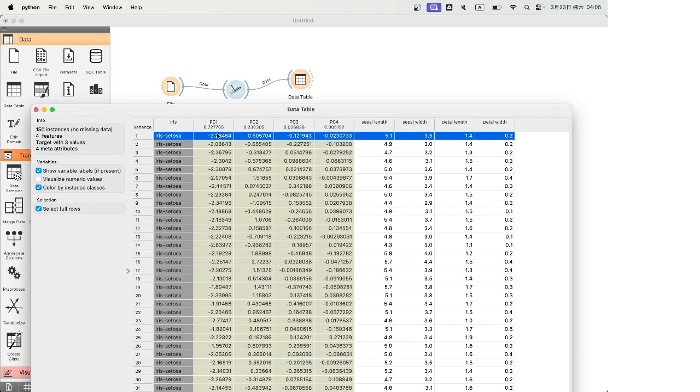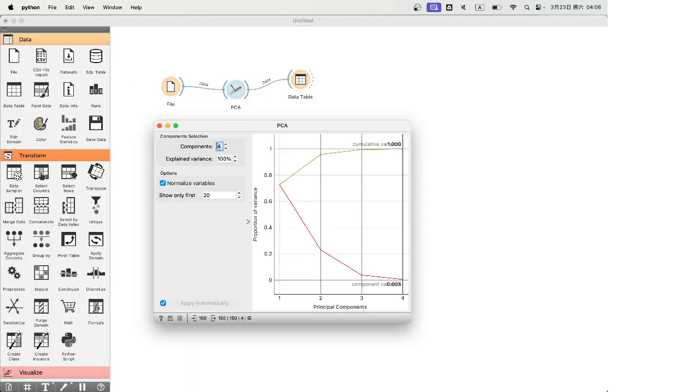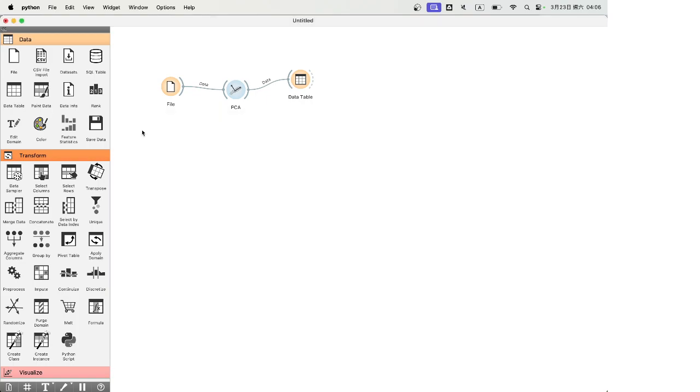We arrange it by this value, and we can see that the last principal components have very small variance. So we can discard PC3 and PC4, for example, preserve 95% of the variance, and the components become 2.